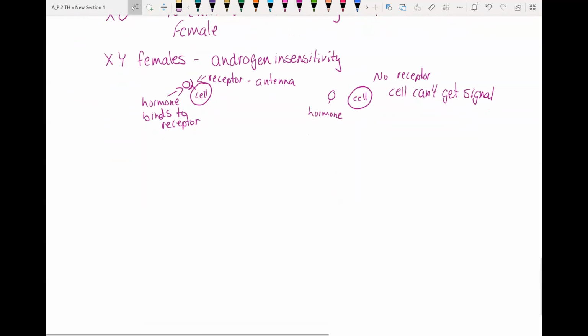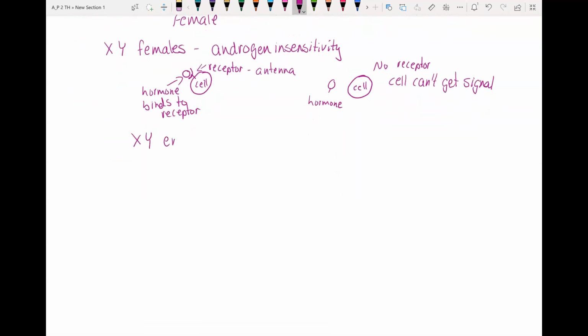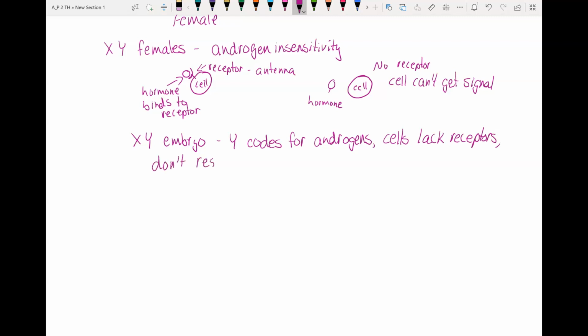So you can have an XY embryo, and the Y will code for androgens. But the cells lack the receptors, so they don't respond to the androgens and follow the female development by default.